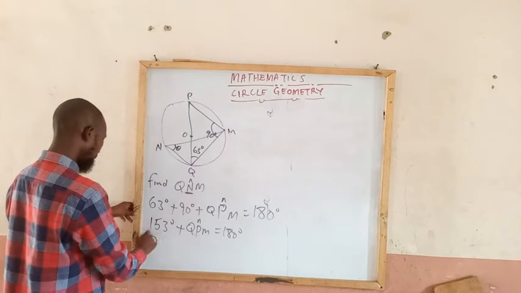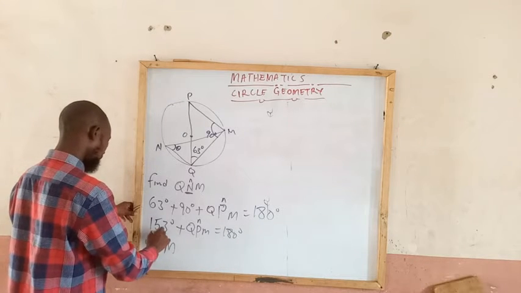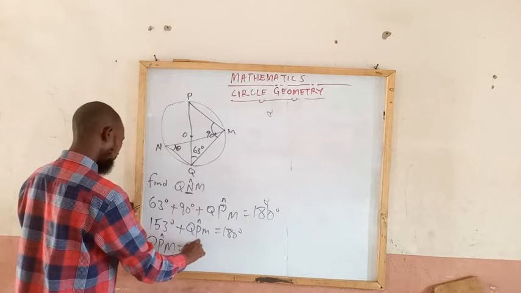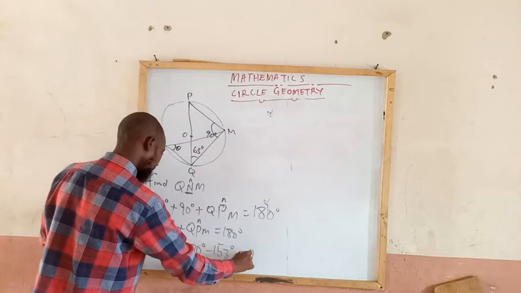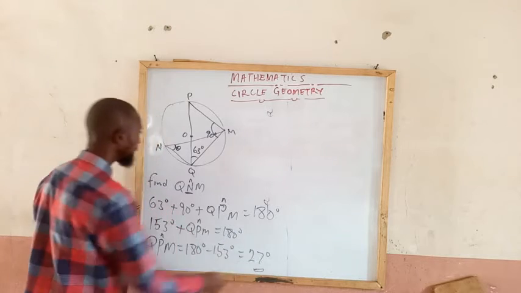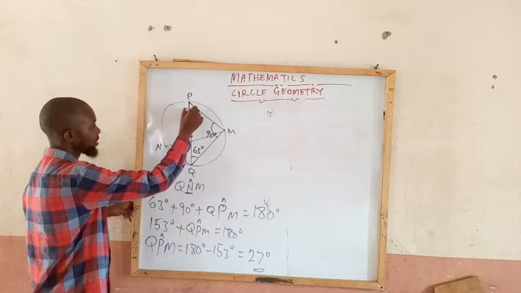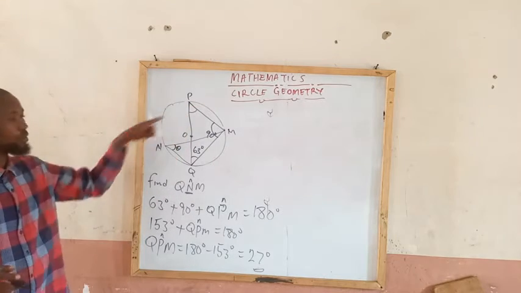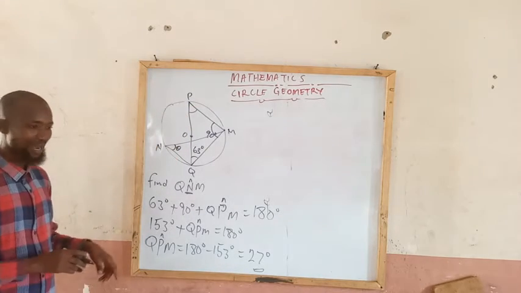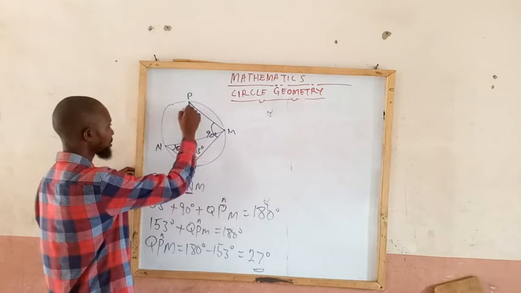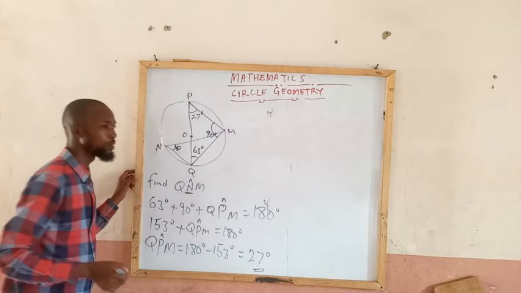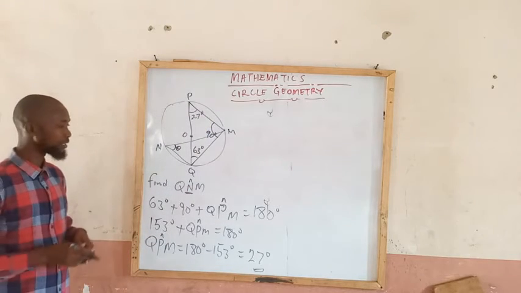That is QPM is equal to 180 degrees minus 153 degrees, and that gives the value of 27 degrees. It is advisable whenever we get a value that we always state it in our diagram, to make what we want to do very clear. So since that is 27, my 27 degrees will be written there.